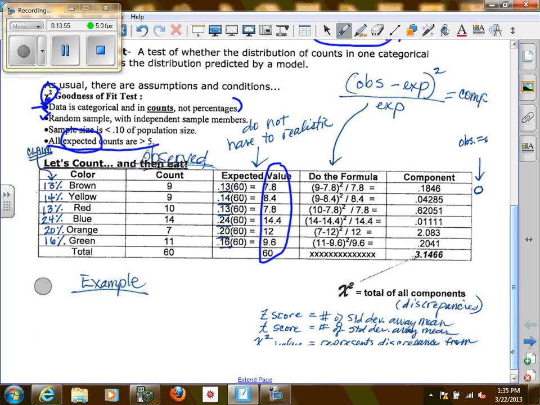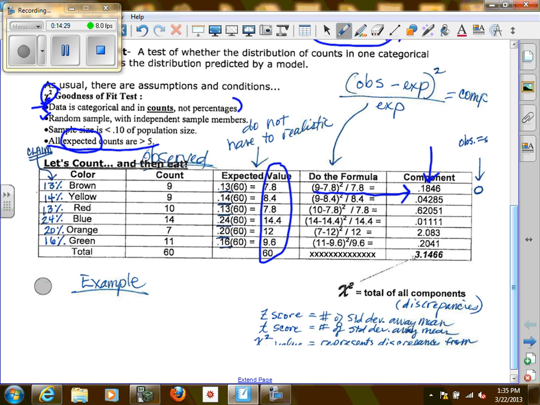Take your observed value, subtract the expected to see how far it is away, square the quantity, and then divide it by the expected. Observed minus expected, squared, divided by the expected. That gives you a value that represents the discrepancy.